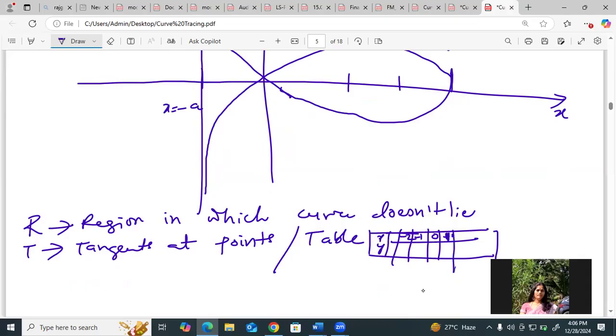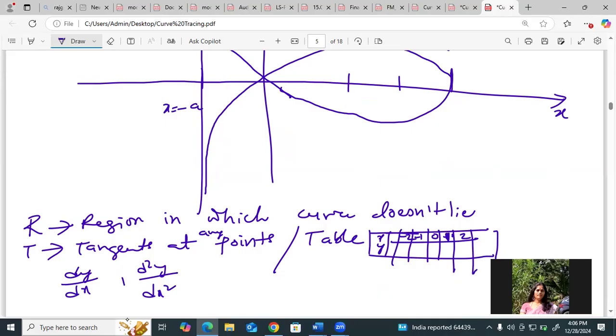Why? Because the curve changes from convex to concave. Accordingly, you can use tangents at any point, which you can find by going with dy by dx and d square y by dx square. This way I can find out, or I can construct a table as well.